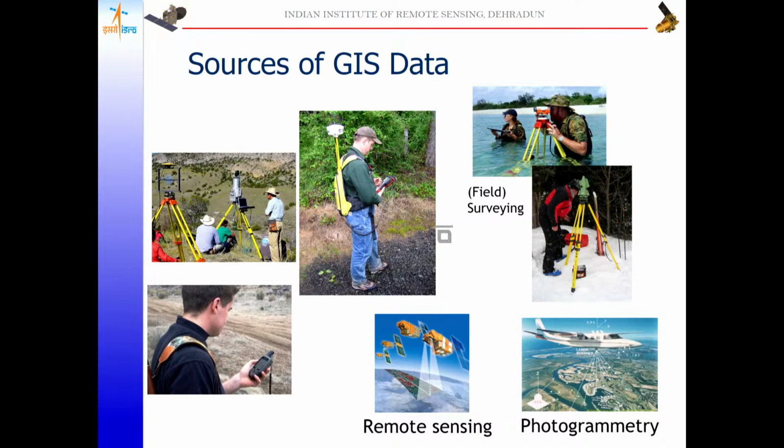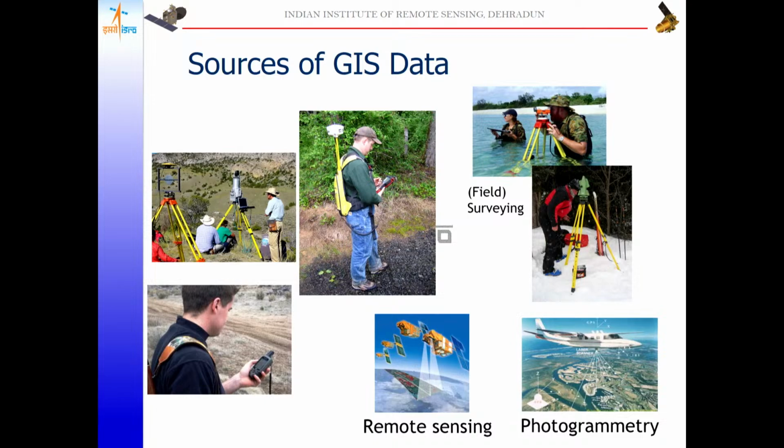First, the source of the data. How will we be creating the data? We will be getting data from a few sources. Some of the sources are direct sources of GIS data. Some are indirect sources. For example, field survey or ground data. We can go to the ground with a handheld device, which can be GPS, or your smartphone which has GPS.